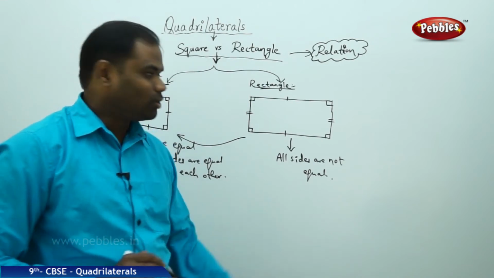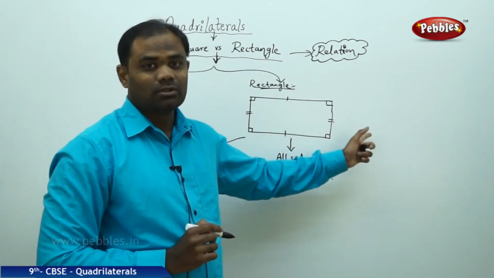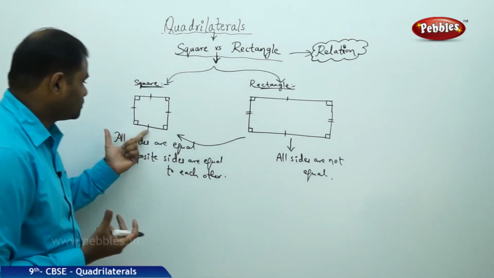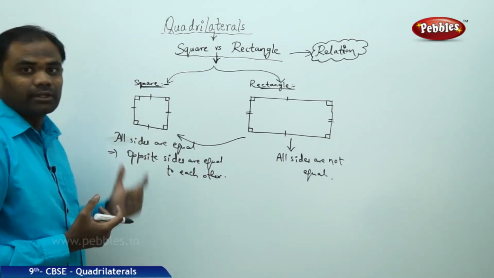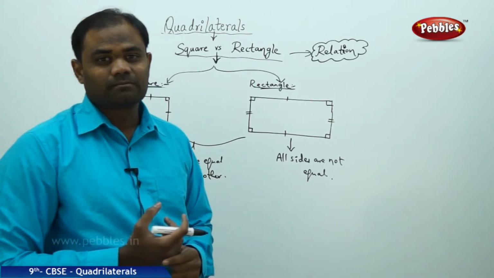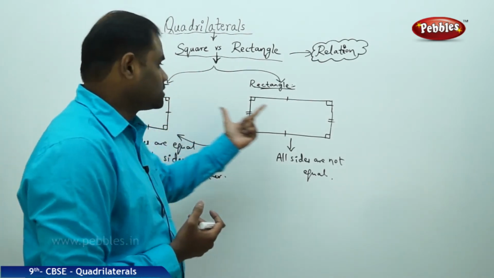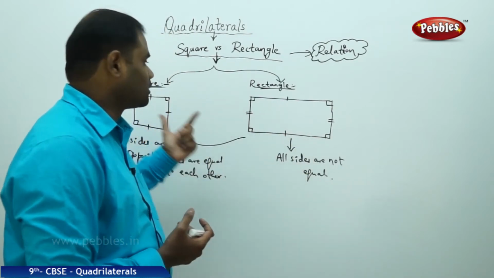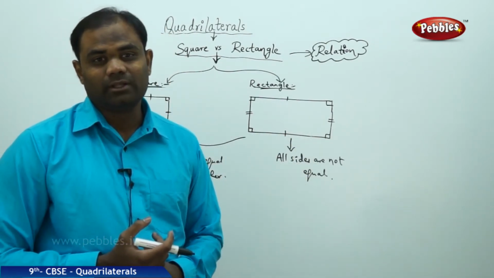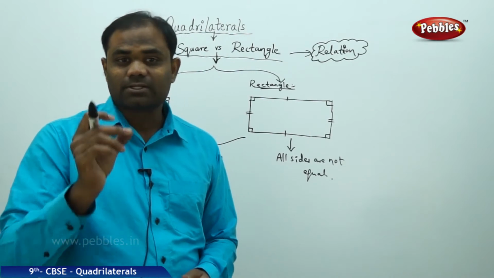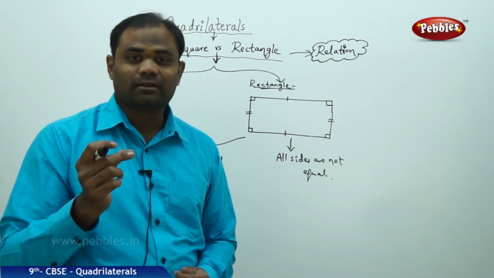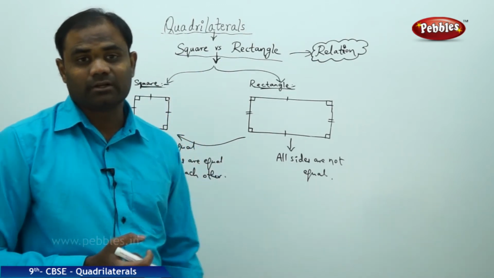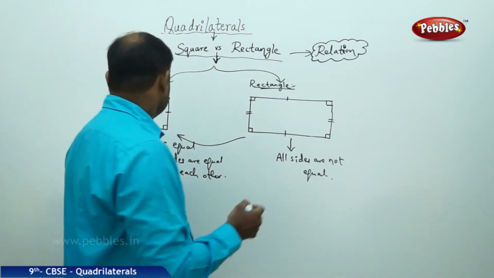We only have the opposite sides equal, but all sides being equal is an essentiality for a square. Therefore, every square retains the properties of a rectangle, but every rectangle does not retain the properties of a square. Therefore, every square is a rectangle, but every rectangle is not a square. This is how we understand the learning outcome.